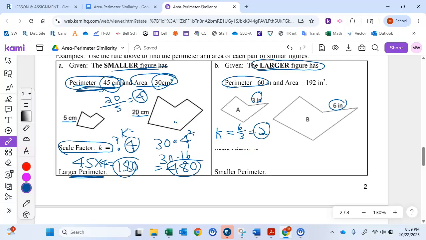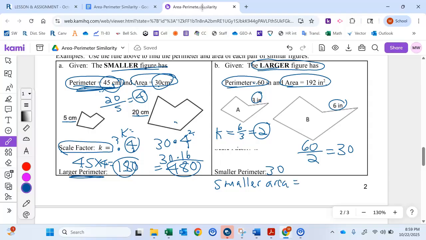We're told it's 60, and the larger area is 192. So to get the smaller perimeter, we have to take the larger perimeter and not multiply it by 2, but divide by 2, okay? Because we're getting smaller. So that would be 30 is the smaller perimeter.